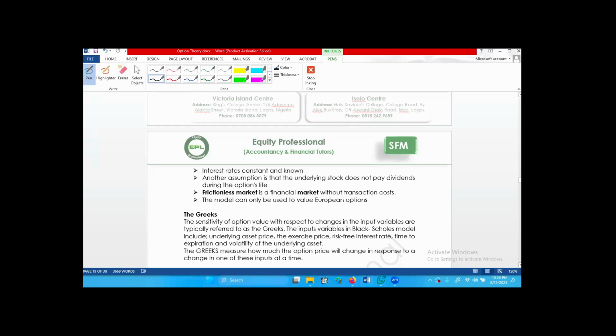The underlying stock does not pay dividends during the life of the option contract. For example, you are obtaining a right to buy First Bank shares in 3 months' time.